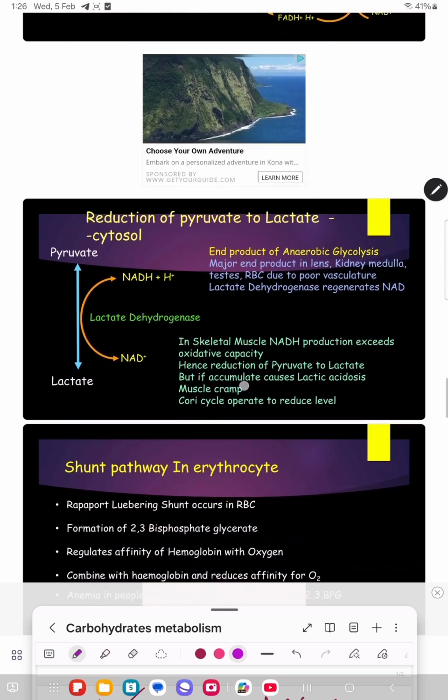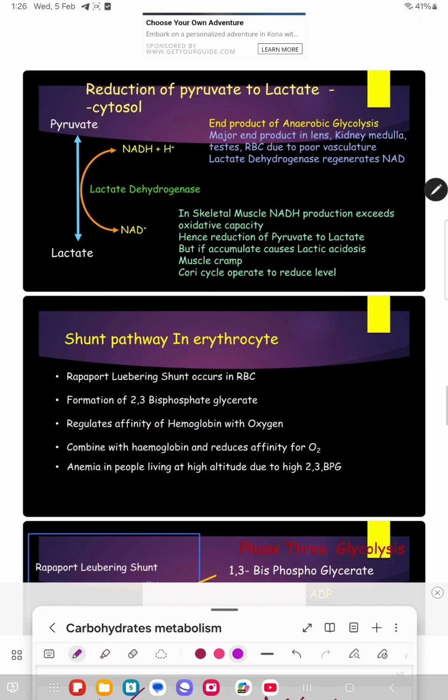Next one is the reduction of pyruvate to lactate, anaerobic glycolysis. So pyruvate will be converted to lactate reversibly, and here NADH will be converted to NAD, and NAD reversibly converted into NADH plus H with the help of lactate dehydrogenase.